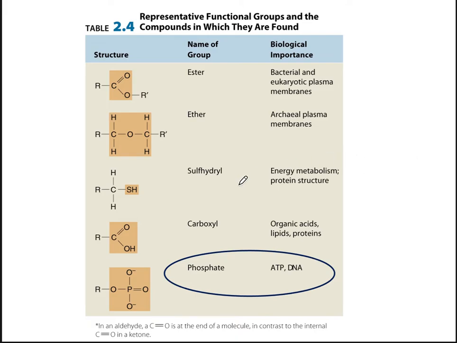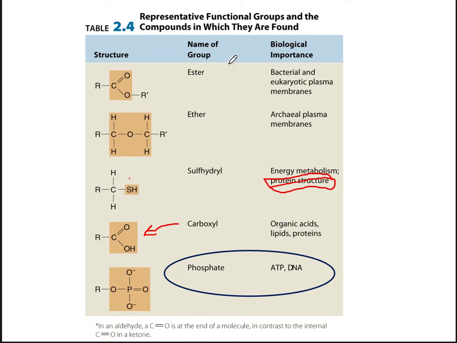A few more that you need to know. You'll see the carboxyl group come up, especially in metabolism. The sulfur, we really only talk about how it'll lead to very strong bonds. So it does come up when we talk about protein structure, but that's it. So, you don't really need to worry about that.